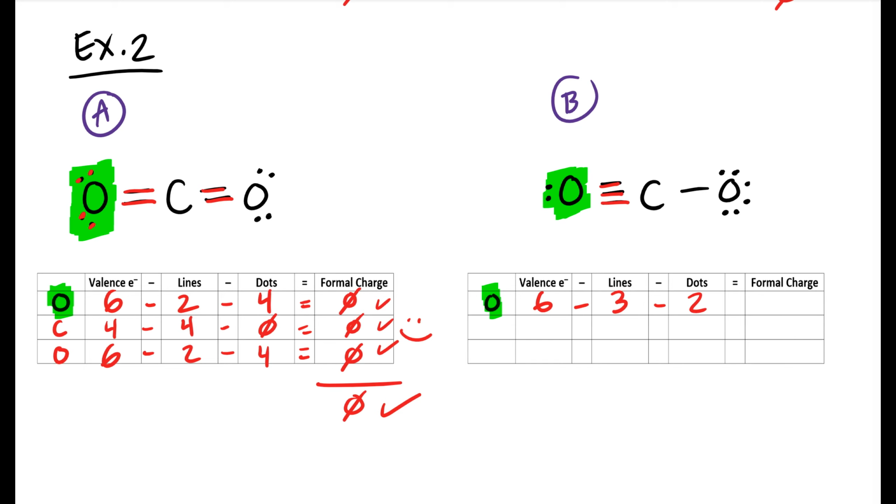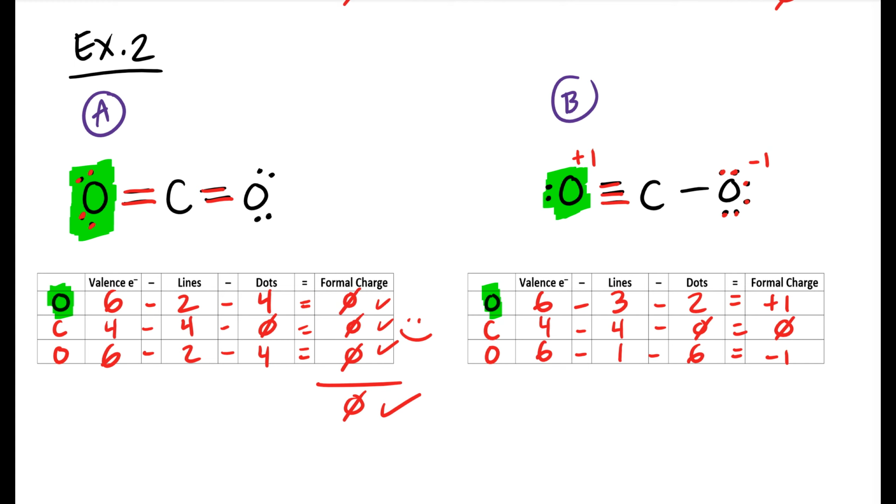So 6 minus 3 minus 2, we get a positive 1. Now for the carbon, 4 minus 4 minus 0 is a formal charge of 0. That's good. And then our last oxygen, 6 minus 1 minus 1, 2, 3, 4, 5, 6. This has a formal charge of -1.